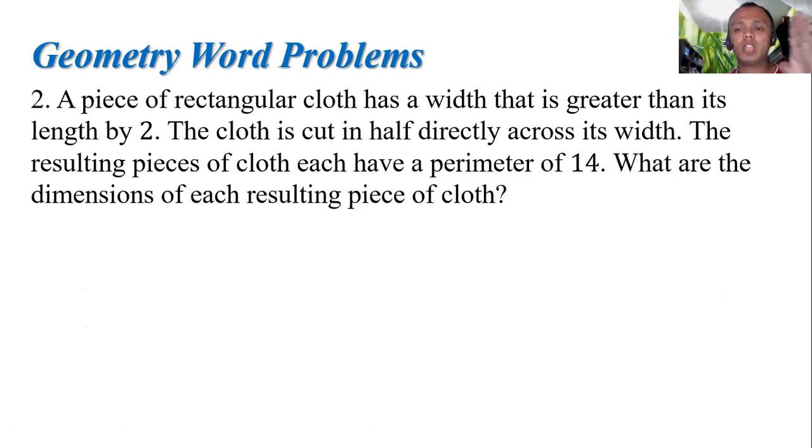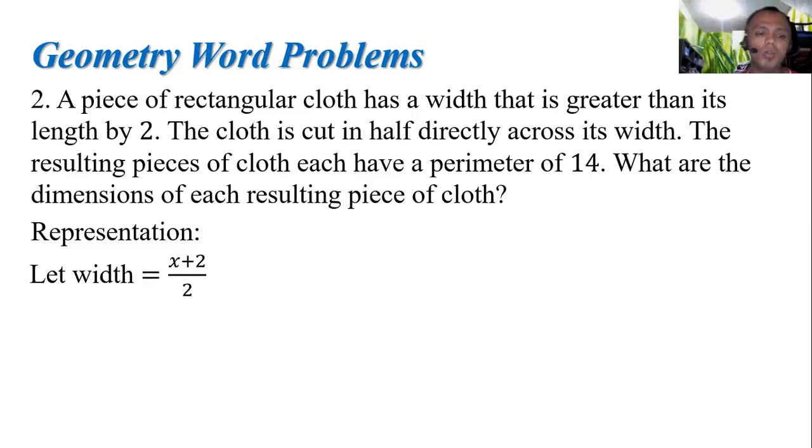Yung width niya is greater than its length by 2. No? Then the cloth is cut into half directly across its width. So kung baga yung width nahati into 2. The resulting pieces of cloth each have a perimeter of 14. Na yung perimeter ng dalawa kasi nahati into 2. What are the dimensions of each resulting piece of cloth?